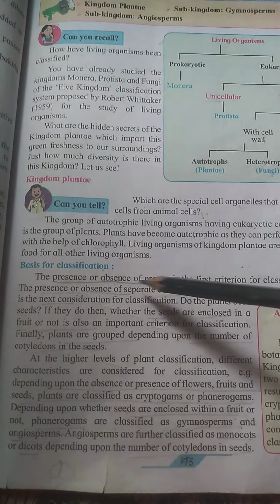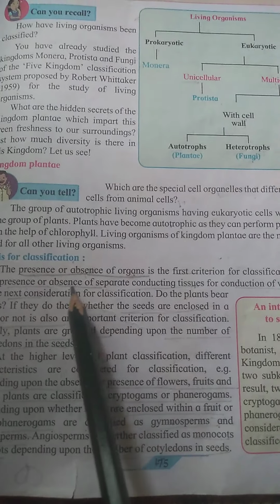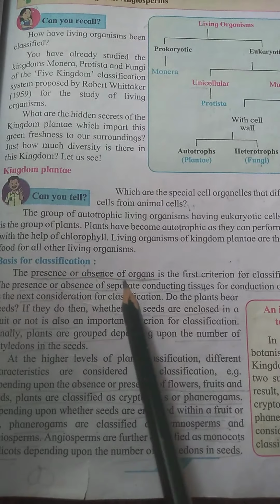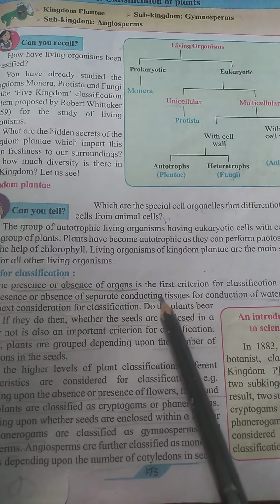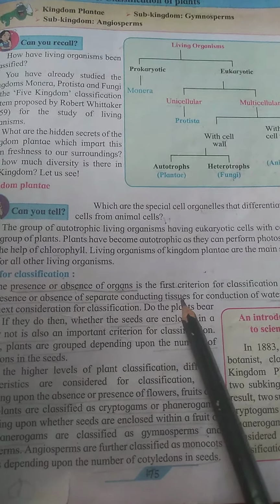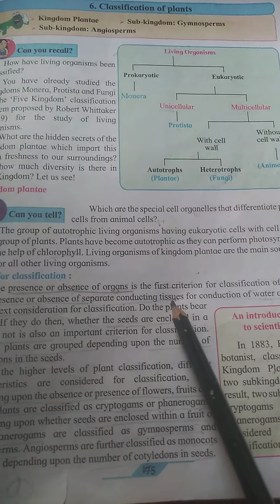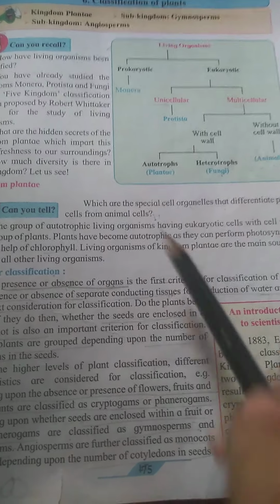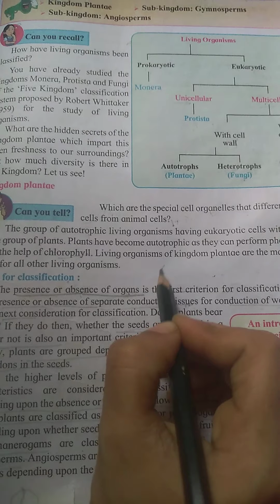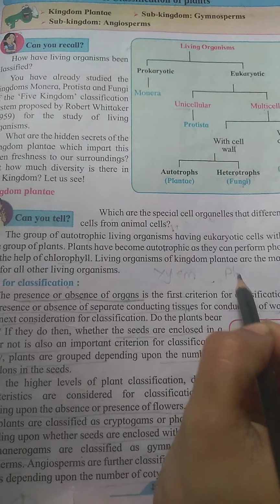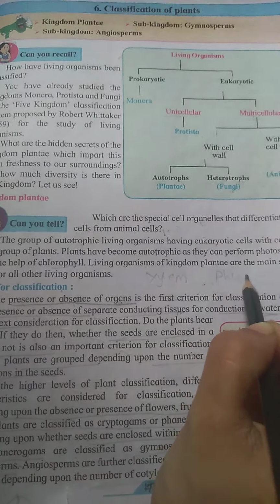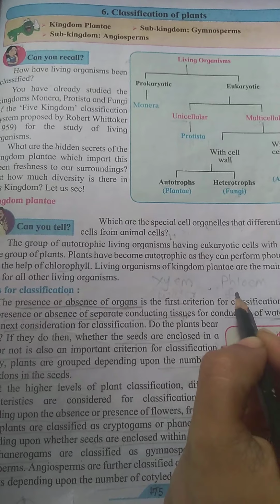Second, the presence or absence of separate conducting tissues. What is the meaning of conducting tissues? The conducting tissues are, first, xylem, and second, phloem. Xylem conducts water and phloem conducts food.